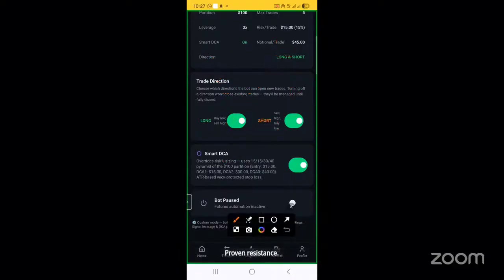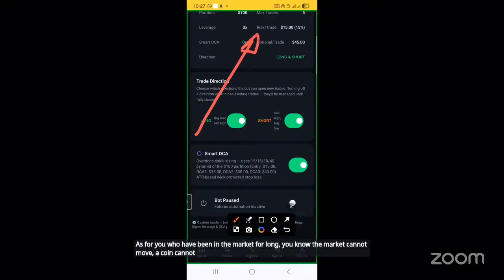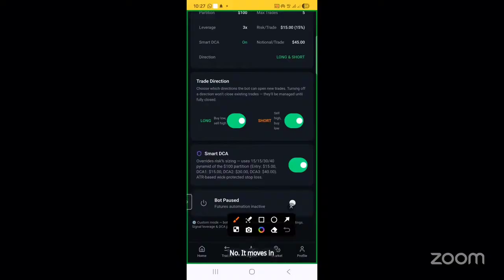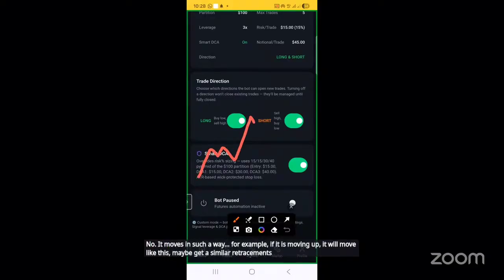What do I mean? As for you who have been in the market for long, you know a coin cannot pump in a straight line. No, it moves in such a way. For example, if it is moving up, it will move like this, maybe get some retracements, also move like this.